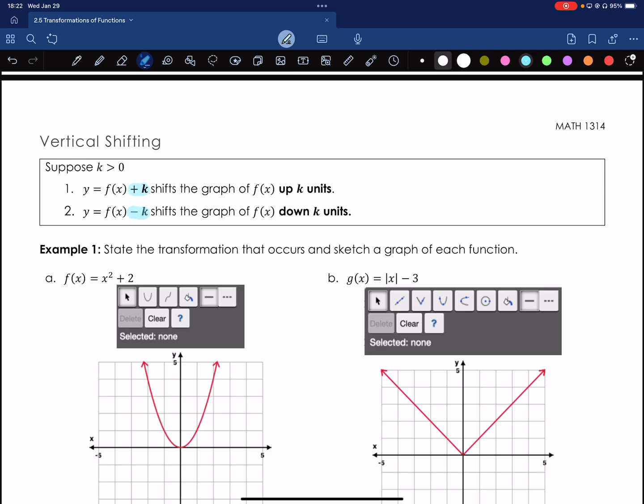If you have plus or minus k attached at the end, where it's not inside the function, so it's not inside the absolute value bars, it's not inside being squared, it's not underneath the radical, that's how you know if it's moving up or down. A plus k goes up k units, a minus k goes down k units.